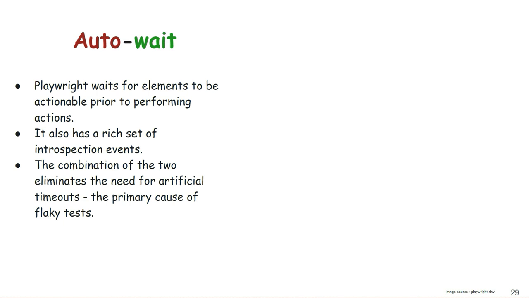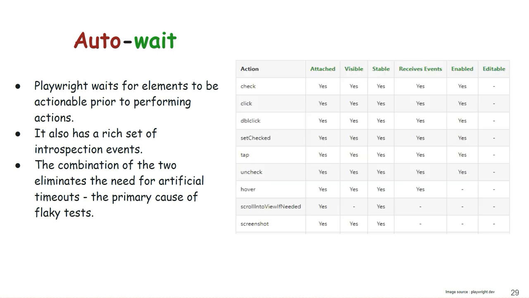But here it performs auto actionable waits, and it also has a rich set of introspection events that occur in the DOM. So there is no need to add artificial waits, and Playwright handles it automatically.